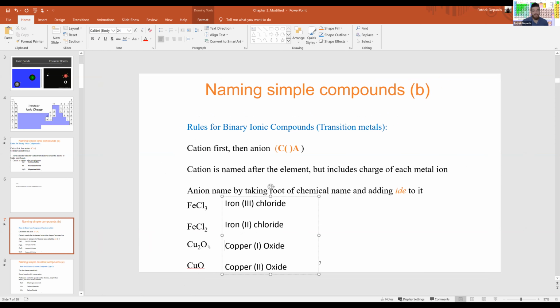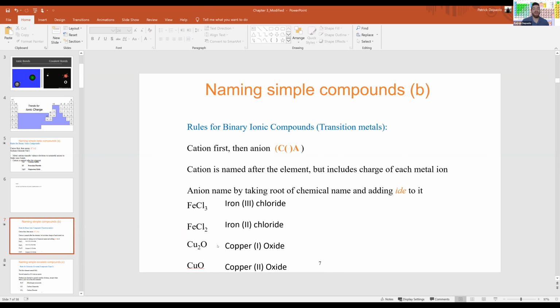If oxygen is -2, to counteract -2, you need +2. There are 2 coppers there, Cu2. If you need a +2 total charge, that means the charge of each copper will be +1. So mathematically, you see copper +1, another copper +1, paired up with the oxygen -2, it works out, and it cancels out equal and opposite.